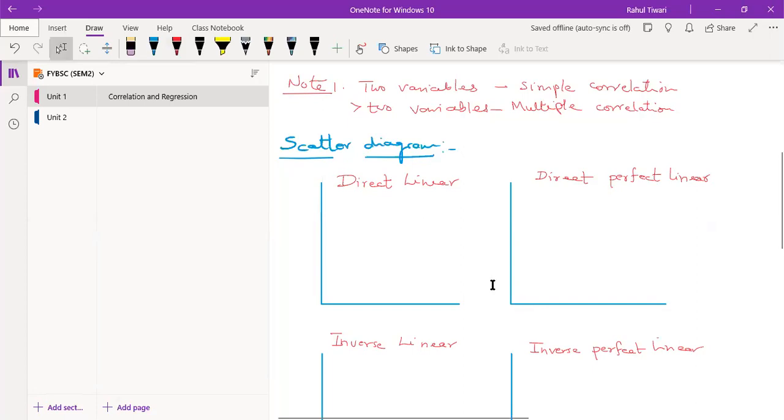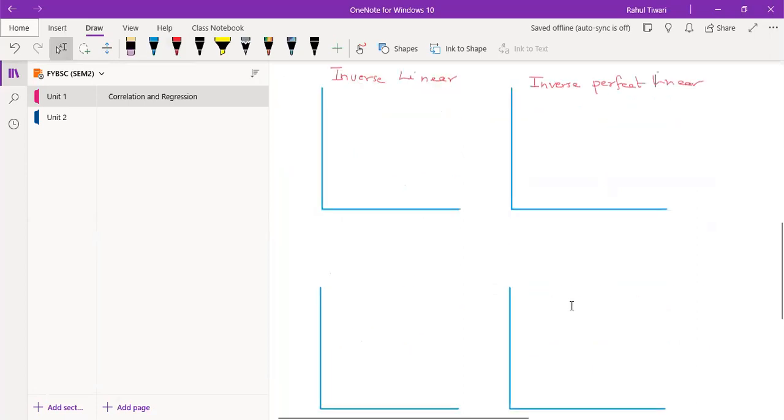And then there is curvilinear: direct curvilinear and inverse curvilinear.